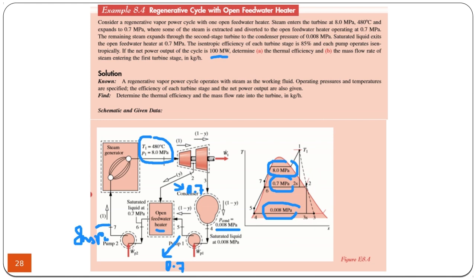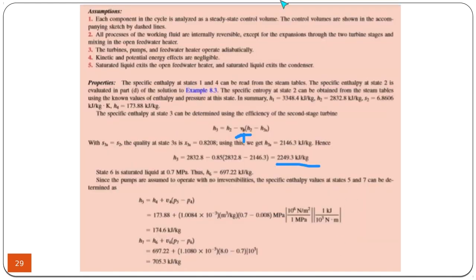So the second part of the turbine has an enthalpy of... The first pump exit has an enthalpy of 173, and also the second pump exit has an enthalpy of 705. So we will be using them in order to calculate the net cycle work.